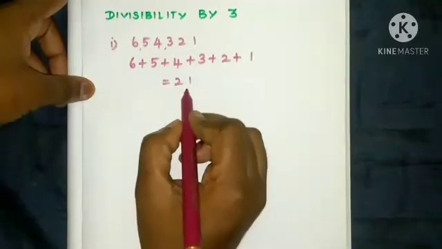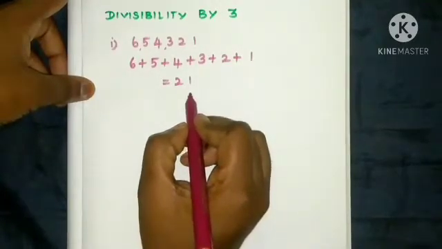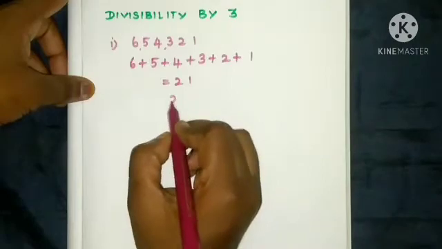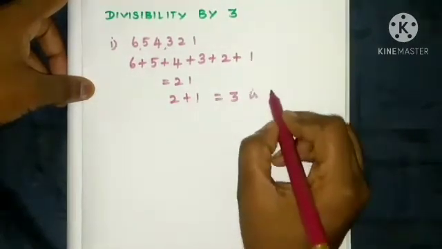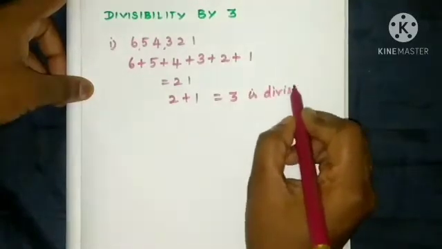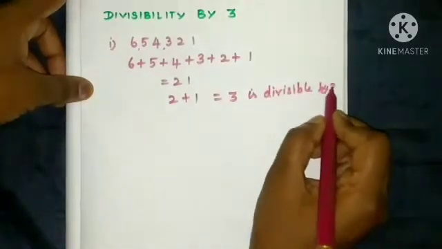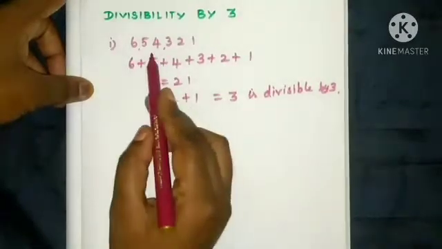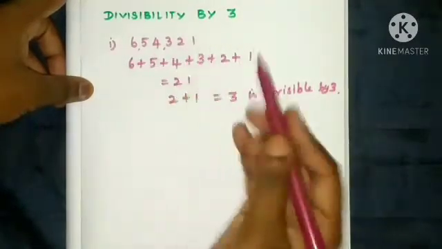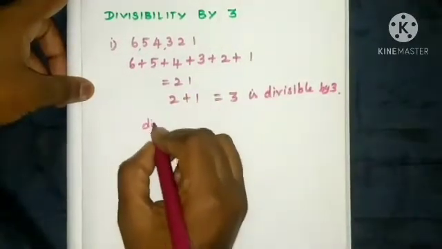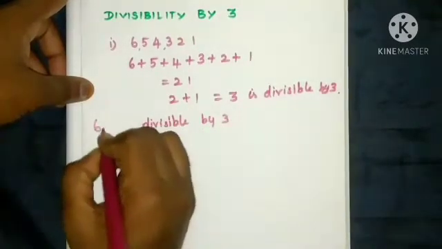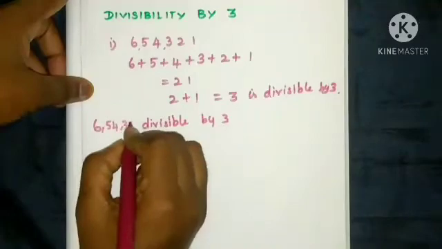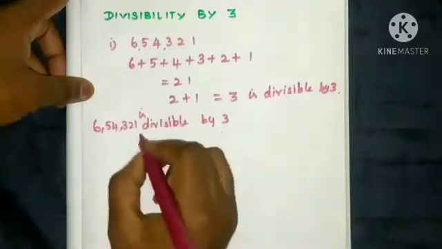Then you have to find the sum of the digits of 21. 2 plus 1 is 3. 3 is divisible by 3. Hence 6,54,321 is also divisible by 3.